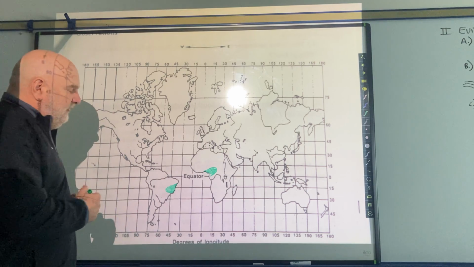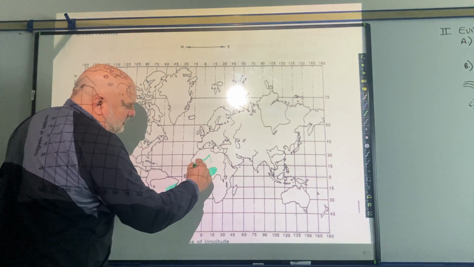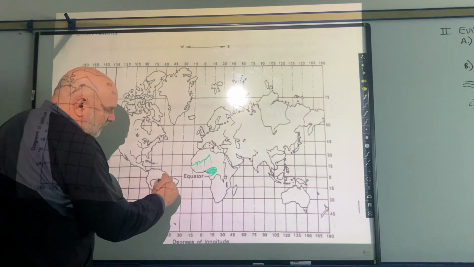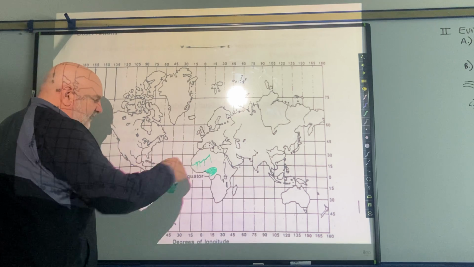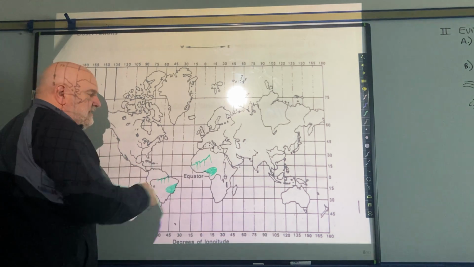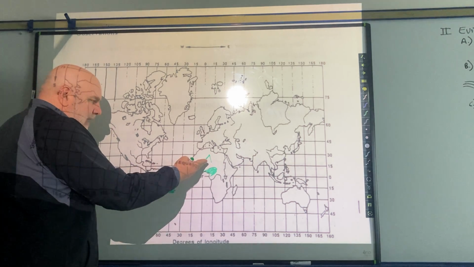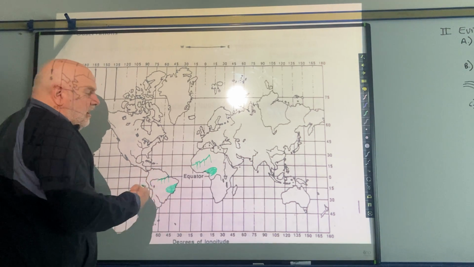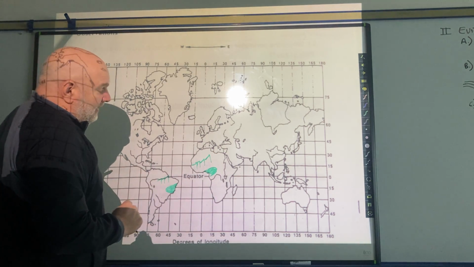Or another thing is if you look at mountains and so forth, I could find a mountain range here that corresponds to a mountain range over there. It's the exact same type of rocks on both sides and the exact same rock formations. The odds of the exact same thing happening there and there at the same time are pretty rare. It makes a lot more sense that those things were connected.